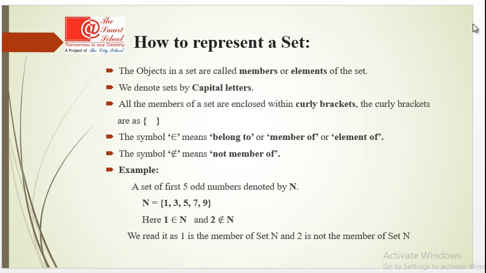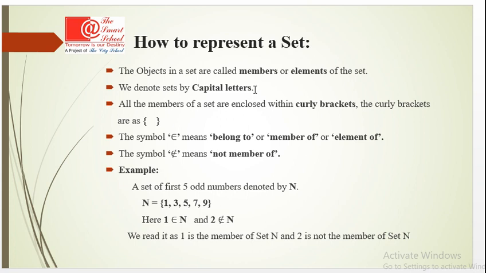Now how to represent a set? The objects in a set are called members or elements of the set. Whatever is part of a set is called its member or element. We denote sets by capital letters.